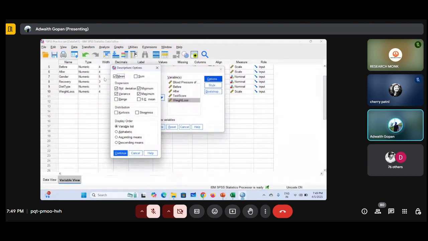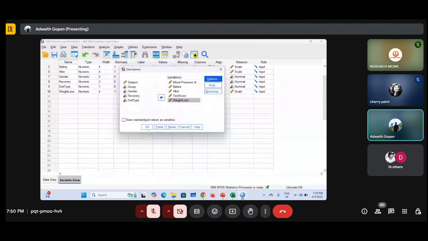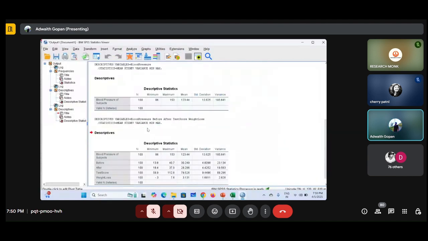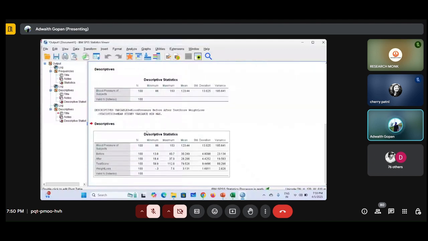After clicking Options, you have to select mean, standard deviation, variance, minimum, and maximum, and click OK. So in your output table, you will get something like this. Has everyone got this table? Yes, sir.